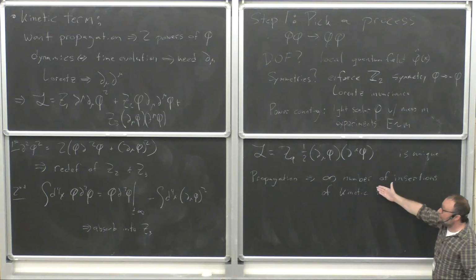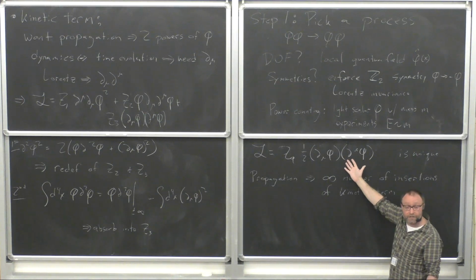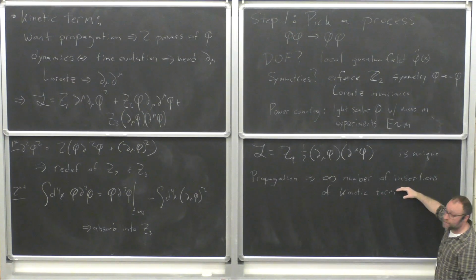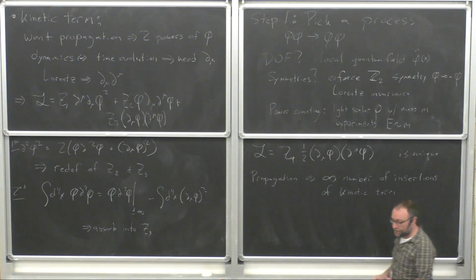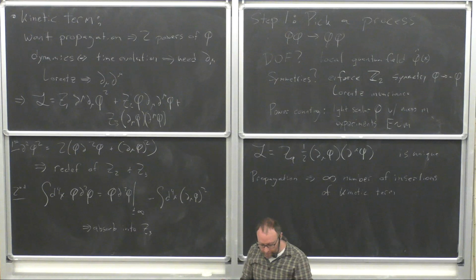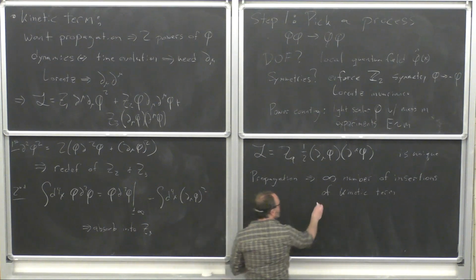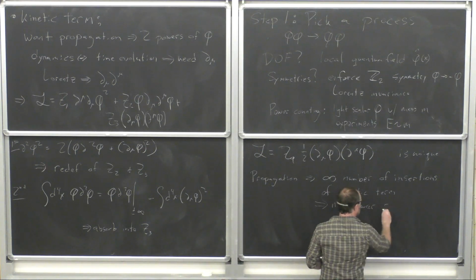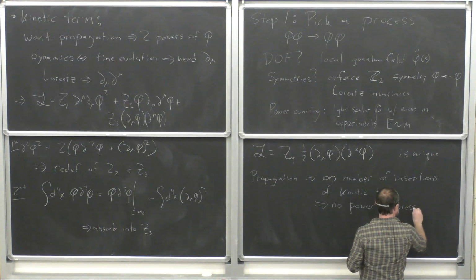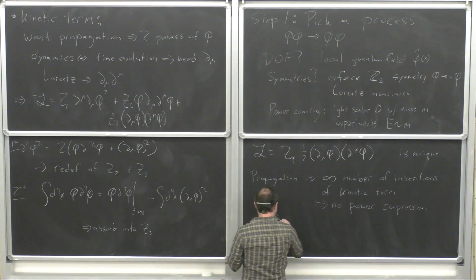So it only makes sense for this term in the Lagrangian to yield propagation if it's not power suppressed, if I can do an infinite number of insertions with no suppression. And so that tells us: no power suppression.